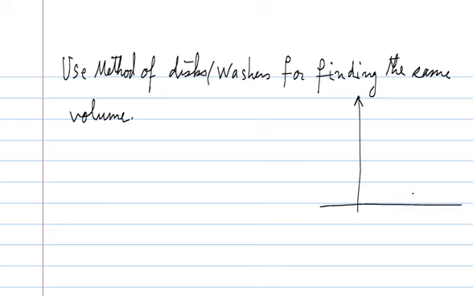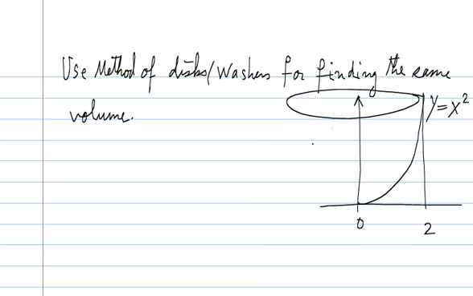So let's remind ourselves what volume we are talking about again. This was y equal to x squared, limited from 0 to 2, and we are rotating this around the y-axis and finding this volume. In the method of washers, we are creating the disks by slicing the shape perpendicular to its axis.